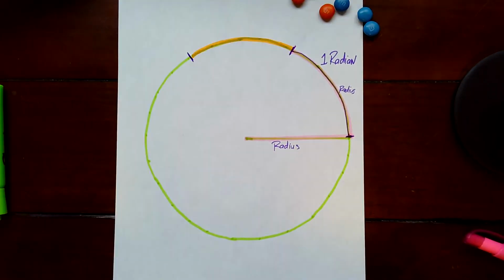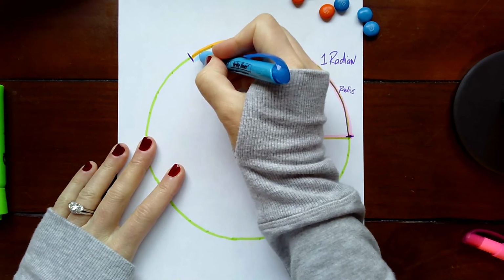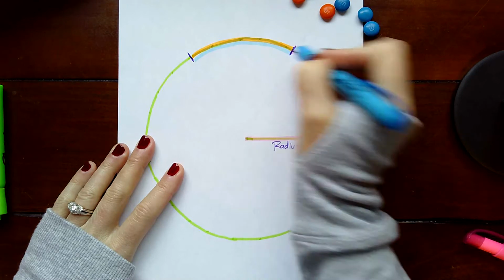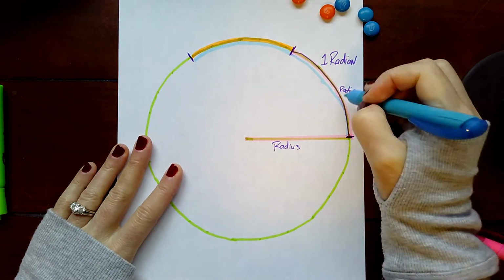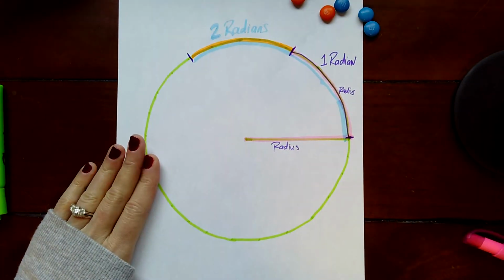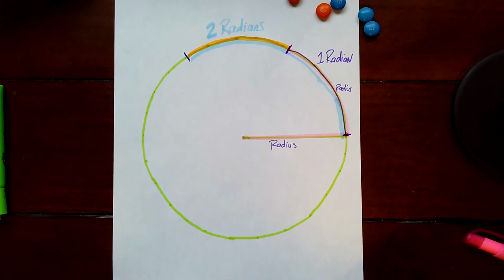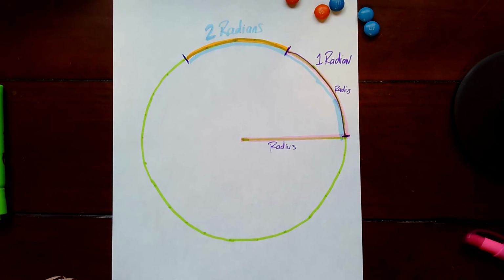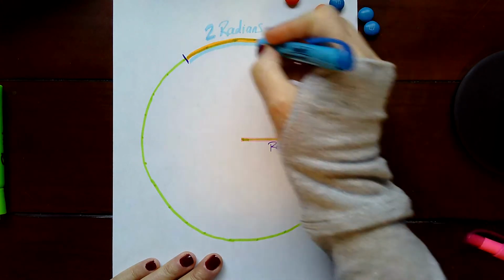So if I combine this second arc with this one here, what I now have in blue is 2 radians, which just means the radius length laid out on the circle 2 times. I'm going to have you pause this video and think about how many lengths it's going to take to go from the start all the way to the end.